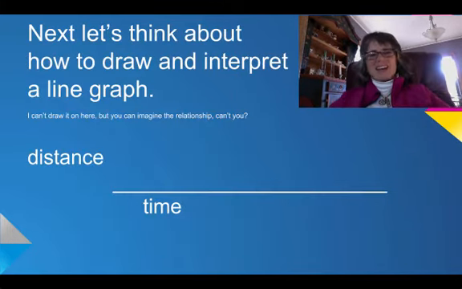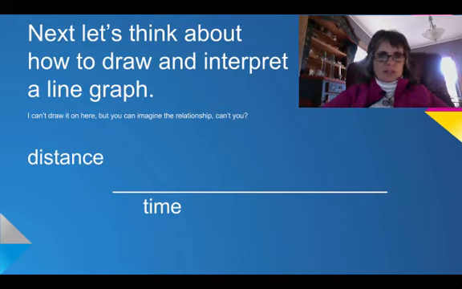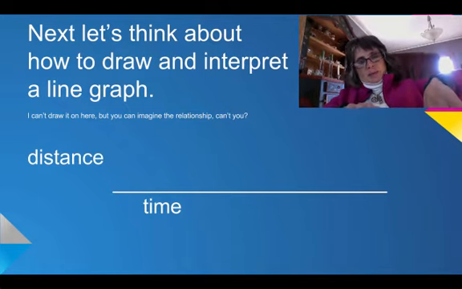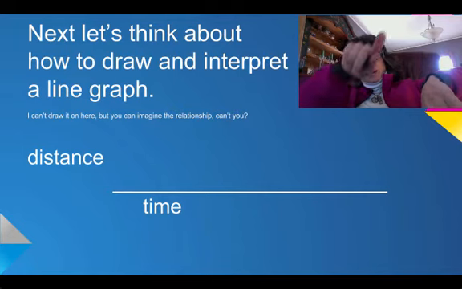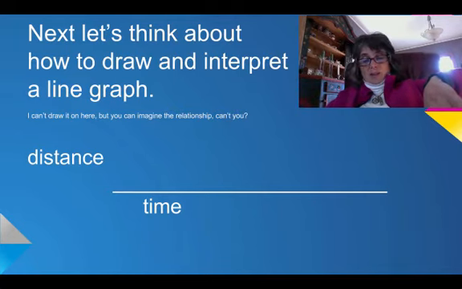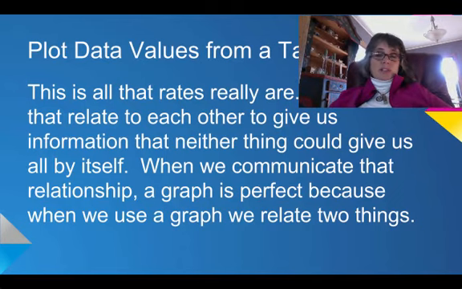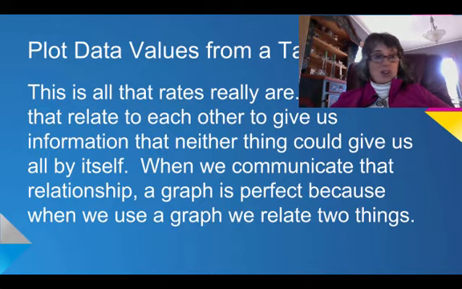I can't draw a vertical line in this program, but if I have time on the bottom here, distance going up the side, you can see how the line might go like this if you go faster and slower. Cool, huh? And that's really all that rates ever are: two things that relate to each other to give us information that neither thing could give us all by itself. When we communicate that relationship, a graph is perfect, because when we use a graph, we can relate two things.